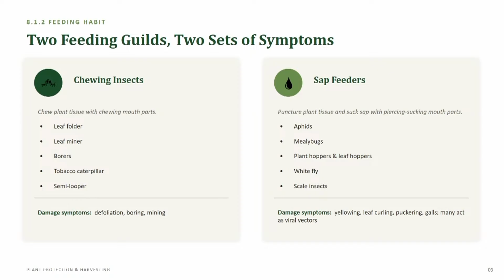They may be borer, stem looper, tobacco caterpillar, leaf folder as well as leaf miner. Coming to the sap feeders, they suck the plant sap from the body through their piercing as well as sucking type of mouth parts. These sap feeders are like aphid, whitefly, scale insects as well as plant hopper.